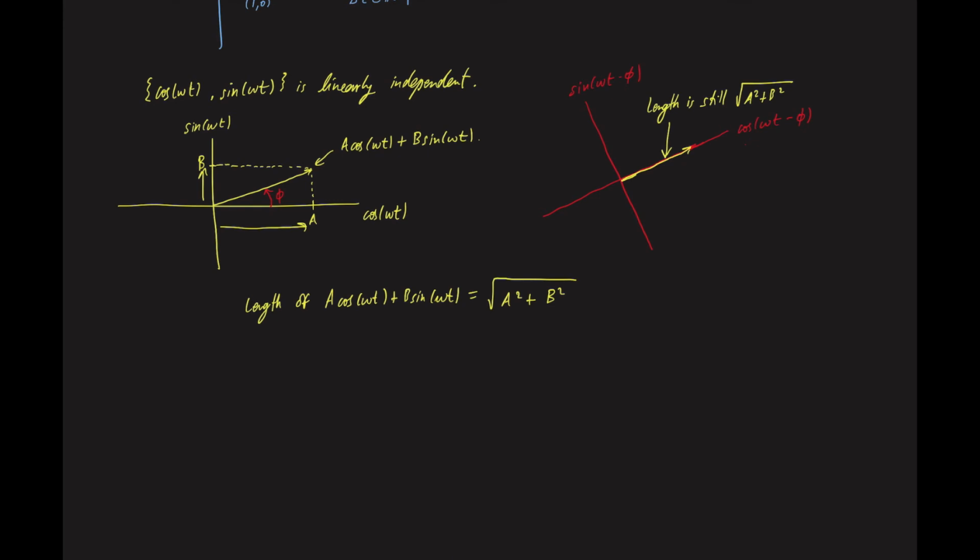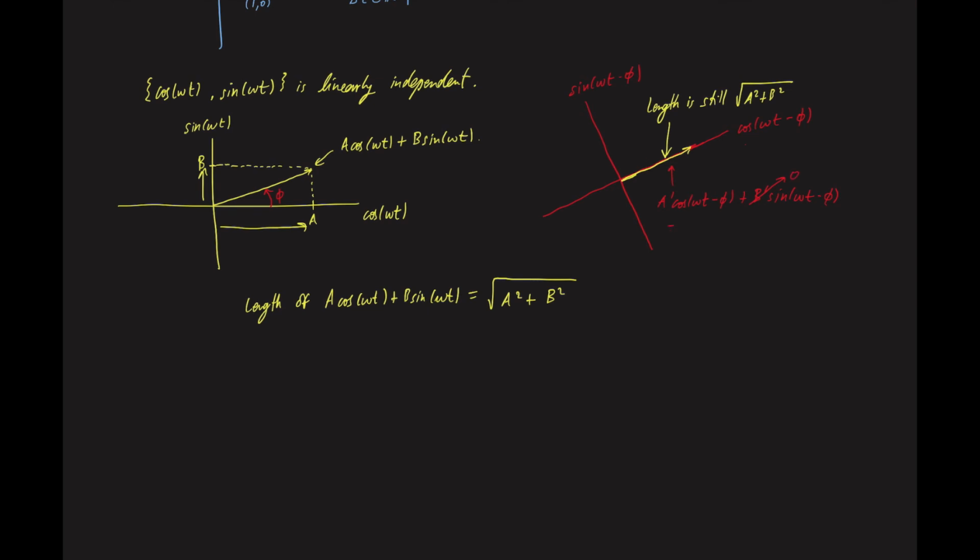But we can also write this vector as some a prime times this basis vector cosine omega t minus phi plus b prime sine omega t minus phi in this new basis. We note that because it has no component in the sine omega t minus phi direction, b prime is 0.